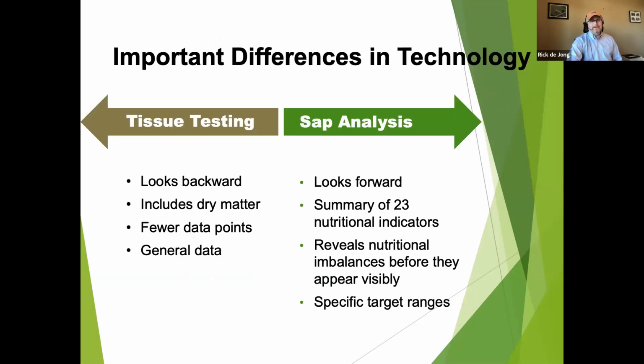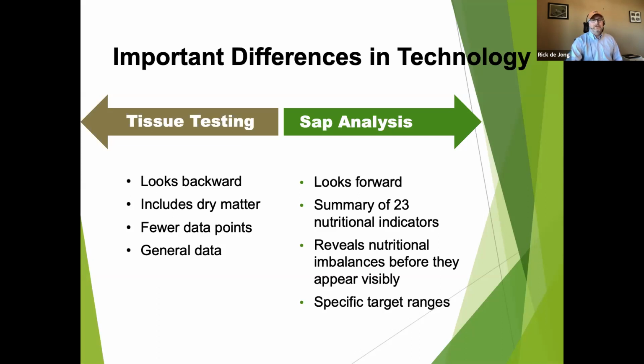When we're looking at a tissue test, I like to say that we're looking a little bit backwards. And the reason I say that is when you look at a conventional tissue test, a significant portion of that test, roughly around 80% of it, is actually what we call leaf dry matter, leaf tissue. That leaf tissue has nutrient inside of it that's being analyzed because we're analyzing the whole leaf, right?